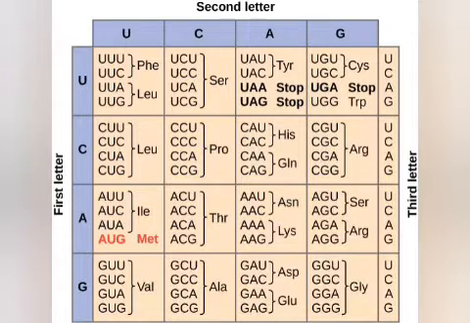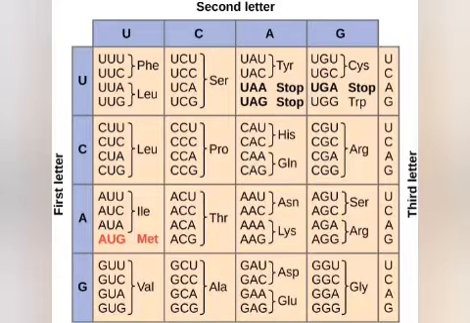Many theories were proposed to explain the mechanism by which a particular sequence of nitrogenous bases in DNA codes for amino acids, but the well accepted theory was proposed by F.H.C. Crick.